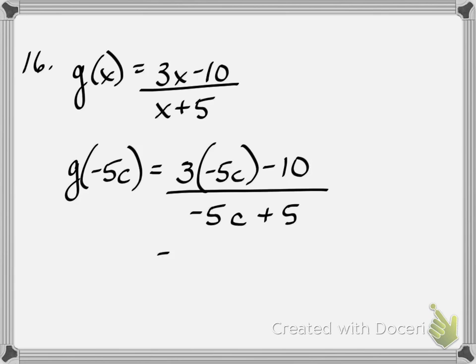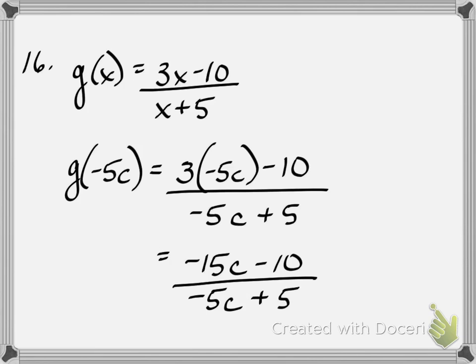Just looking at the numerator, we could multiply and get -15c minus 10. In the denominator, there's really nothing we can do to simplify. But when you look at all 4 terms together, you realize they are all multiples of 5. So we can divide a 5 out of everything and get -3c minus 2 over -1c plus 1. So that's a great answer also.